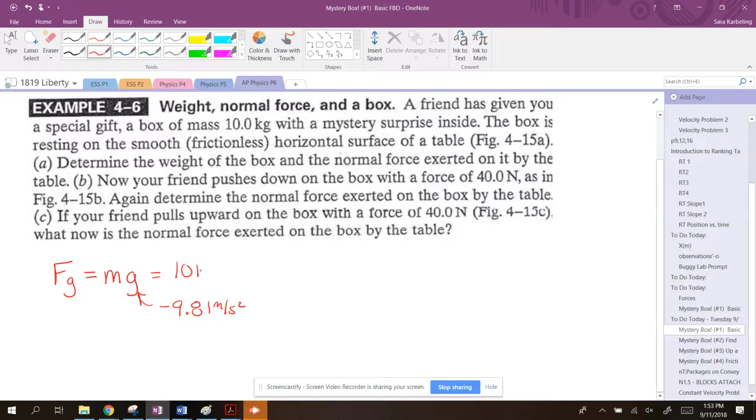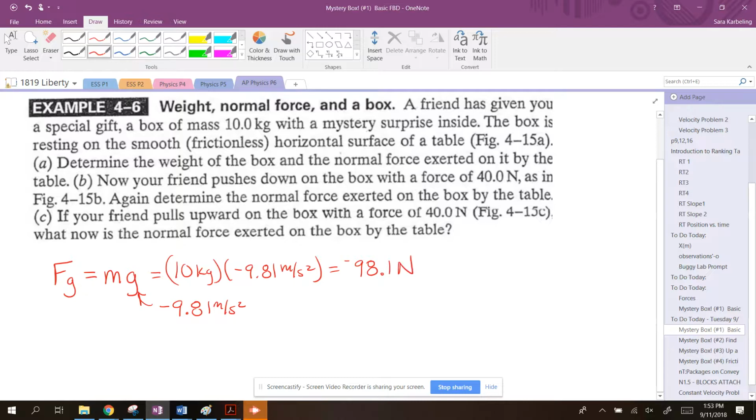We multiplied our 10 kilograms times negative 9.81 meters per second squared. We can do that in our heads. How much force? How much is the earth pulling on the box? Multiply by 10. What is it? 98. Look at that.